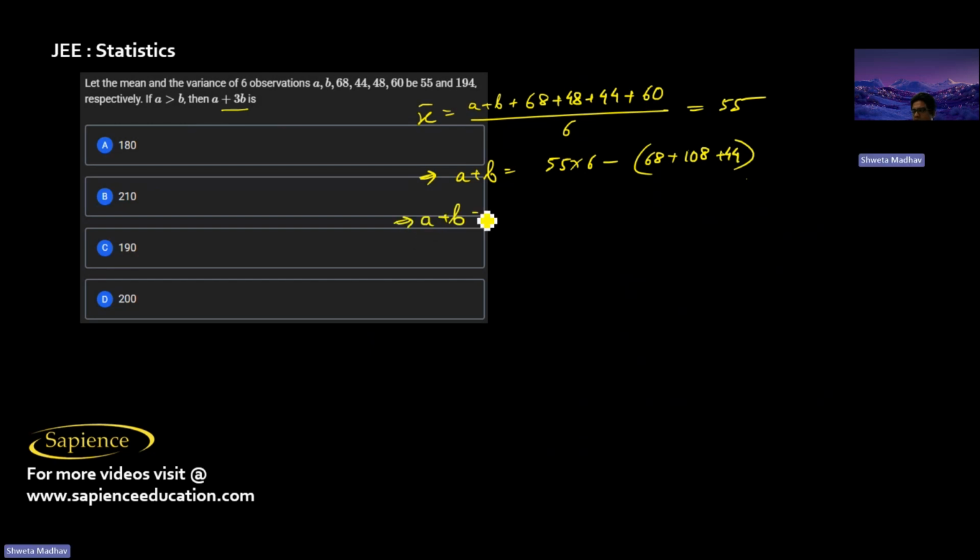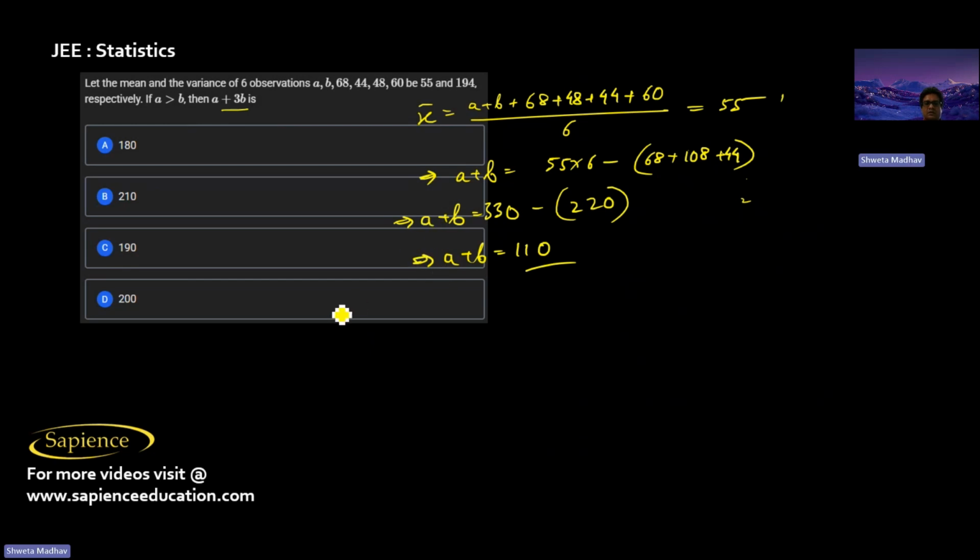Therefore A plus B is equal to 330 minus 220. So A plus B is equal to 110.